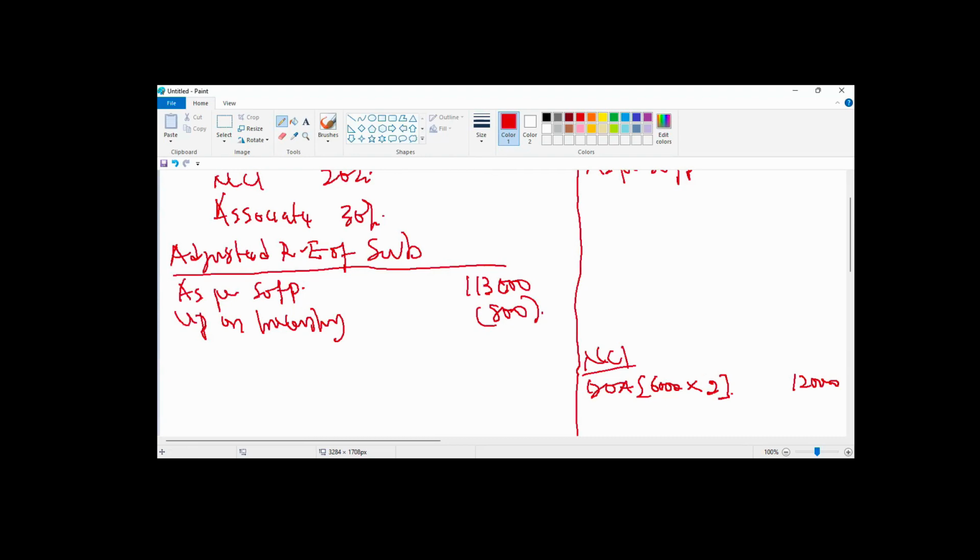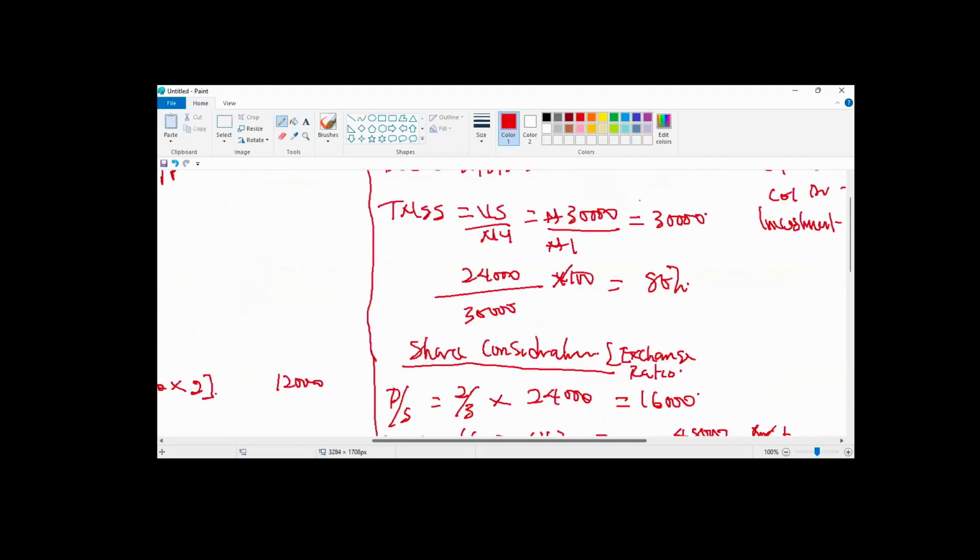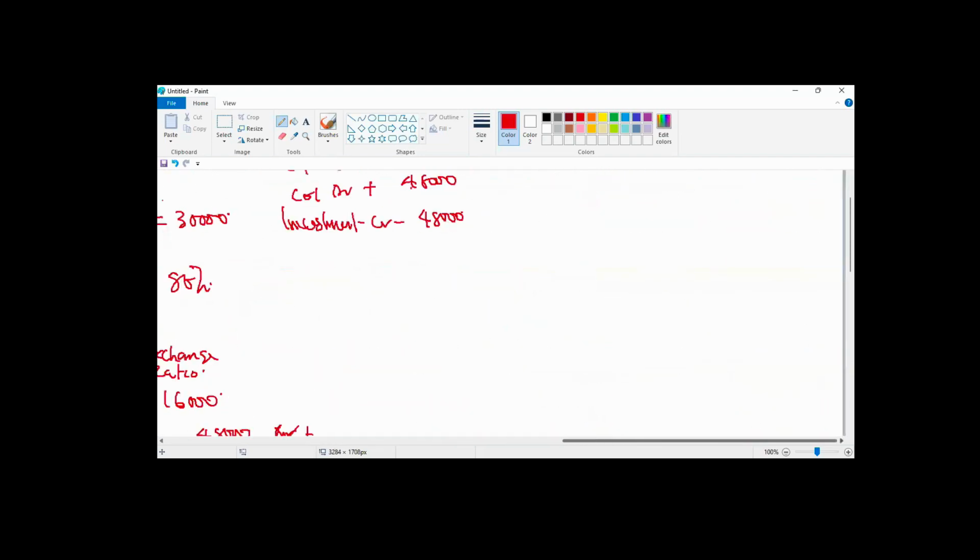So you acquire the associate on 1st of January. Investment in associates. Date of acquisition, 1st January 2020.